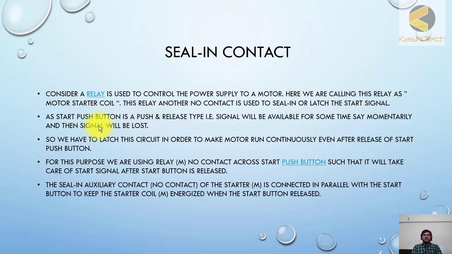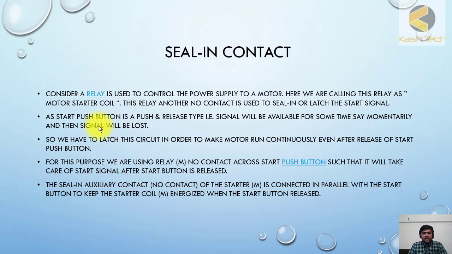So there is another term we use: we need a latch circuit. It should hold its state. For this purpose we use the relay NO contact across the start push button, such that it will take care of the start signal after the start button is released.